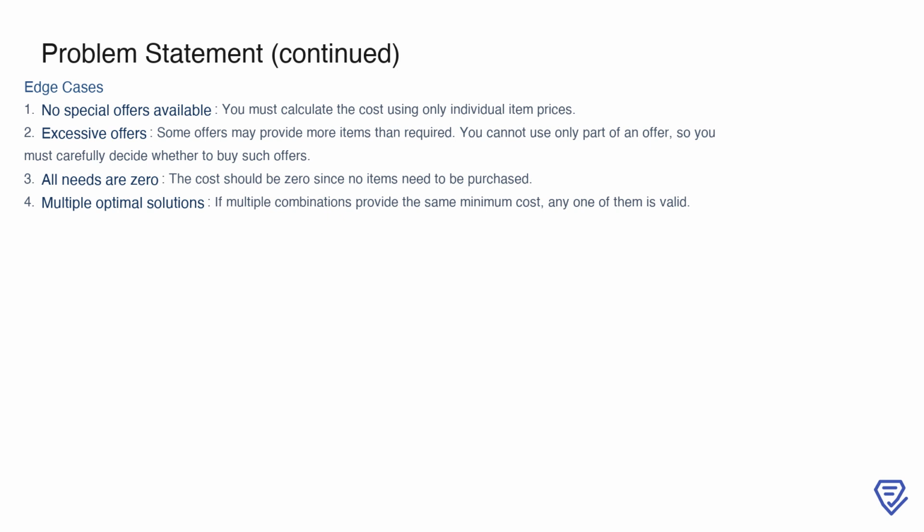Third, if all the quantities in the needs list are 0, the cost should be 0 because no items need to be purchased. Finally, there could be multiple ways to achieve the same minimum cost. In such cases, any valid combination of purchases that results in the minimum cost is acceptable. These considerations are critical for ensuring your solution handles all scenarios correctly.